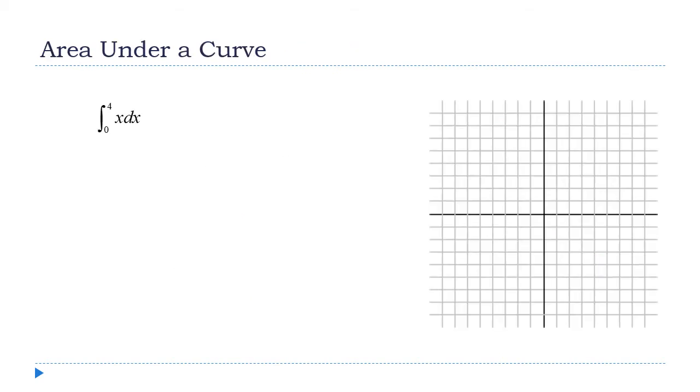All right, so what I want to do is evaluate this definite integral. Remember, the only way we have to interpret this definite integral is as the area under f of x equals x, that's the function here, from 0 to 4.